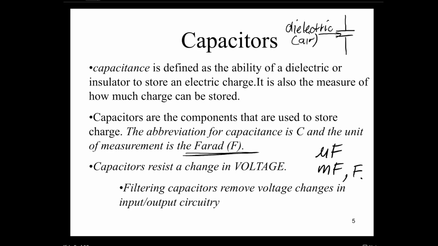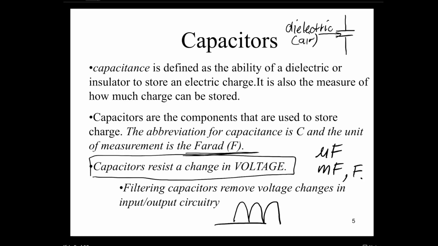Now notice how it says capacitors resist a change in voltage. So we just generally say that inductors oppose changes in current and capacitors oppose changes in voltage. And again, we said that capacitors are used in input-output circuitry of power supplies. So if you have the rectifier output, like you would from a full wave rectifier, it looks like this, with 0 volts here and some DC value of voltage maxing out for these peaks.